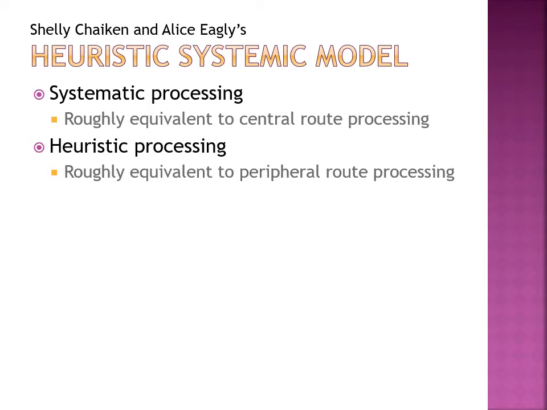So that's kind of like peripheral route processing, but what Scheichen and Egley were getting at is a little more than that. They were looking at how humans have a tendency to create these heuristics to make decisions about things.